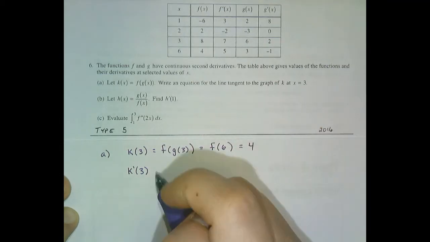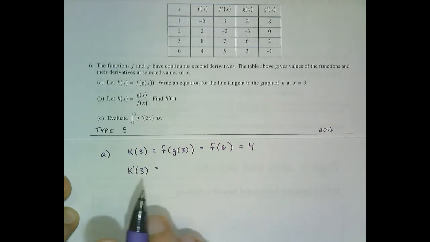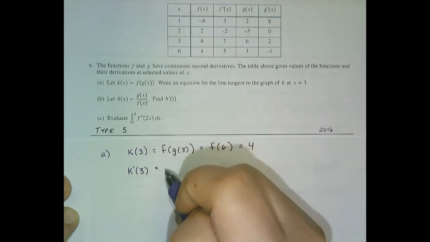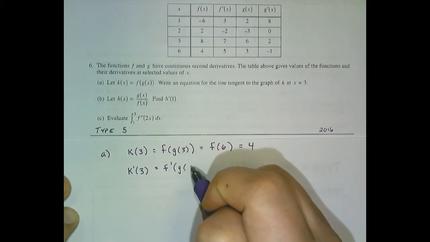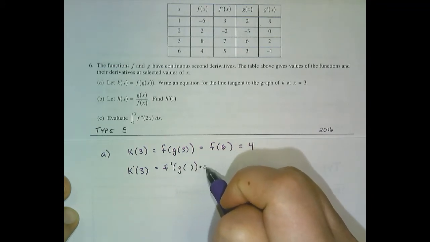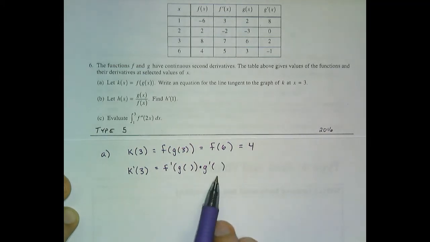Okay. Now we're going to do k prime of 3. So we need to take the derivative and evaluate it at 3. So the derivative would be the derivative of the outside times the derivative of the inside. And there's our chain rule in action. We're going to evaluate this at 3.